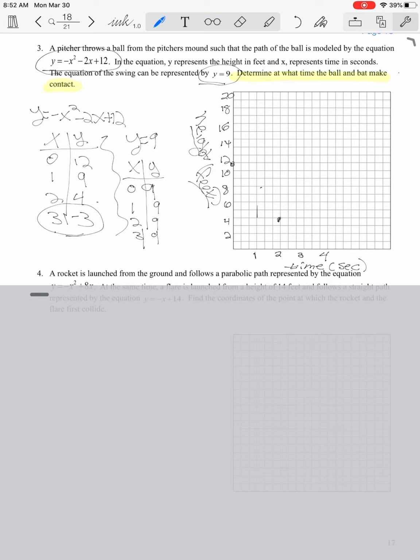So I know somewhere between 2 and 3, it will hit 0. So when I draw my parabola, I will hit somewhere over here. Then I will label my parabola. Y equals negative x squared minus 2x plus 12.